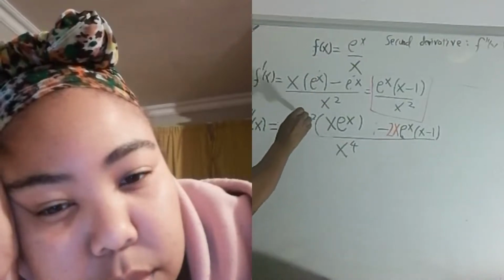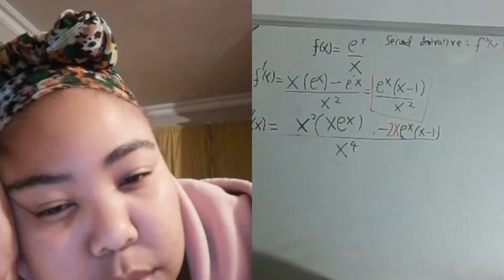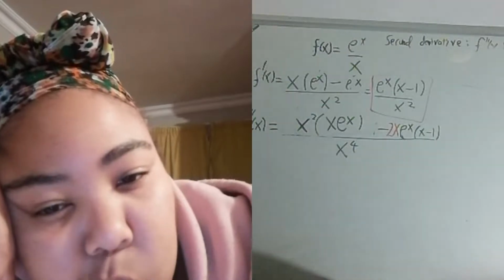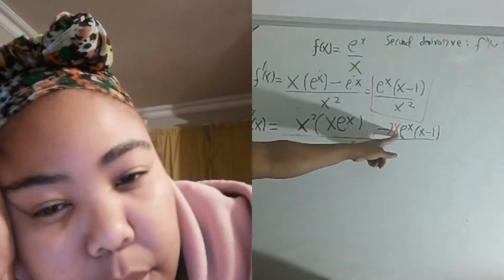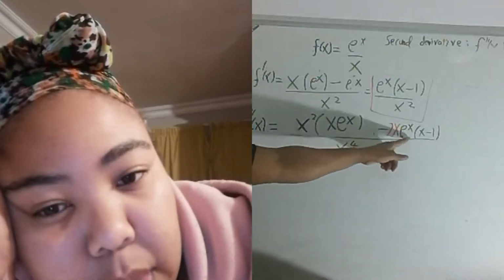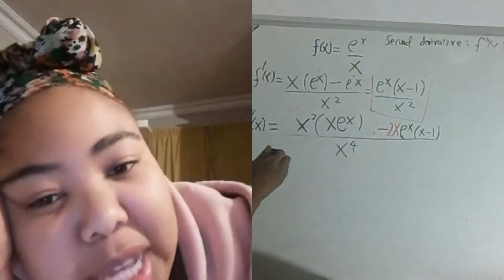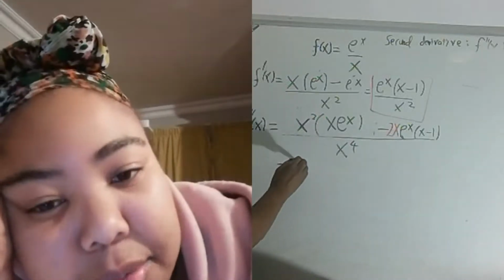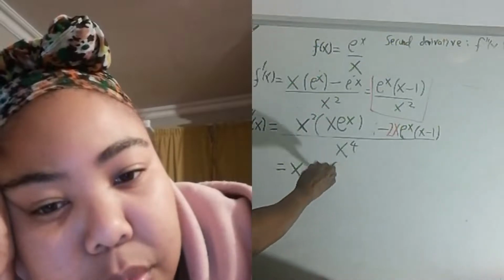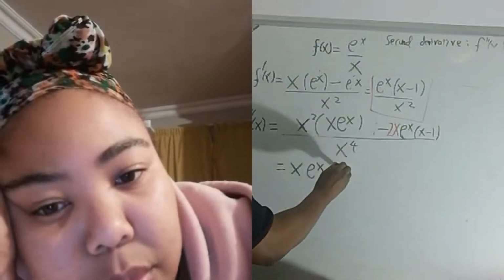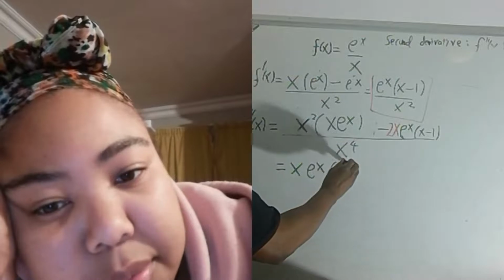All right. So now let's see if we can factor something out. x e^x, x e^x, we can take it out. If you take out x e^x, what do I have left here? X squared.